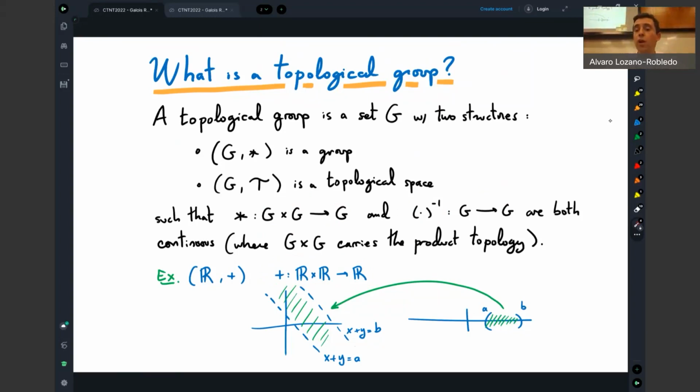If you start with an open set in R, meaning the reals with the usual metric topology, some open interval, and I send it back through addition, that will be all the numbers such that x plus y is between a and b. So it's the interior of this infinite band. But you can see clearly that infinite band is an open set in R cross R, in the product topology of the reals. Okay, so that's a topological group.